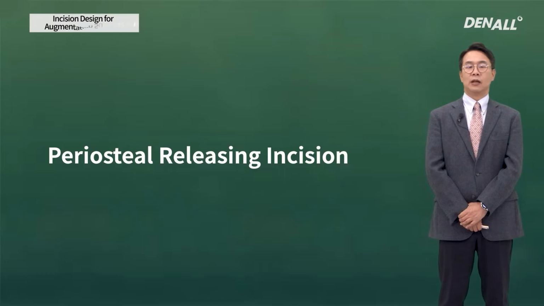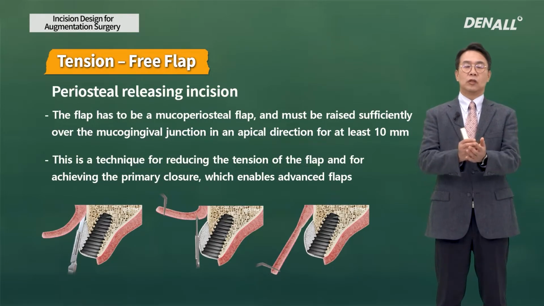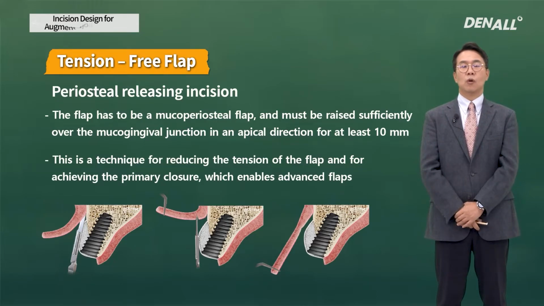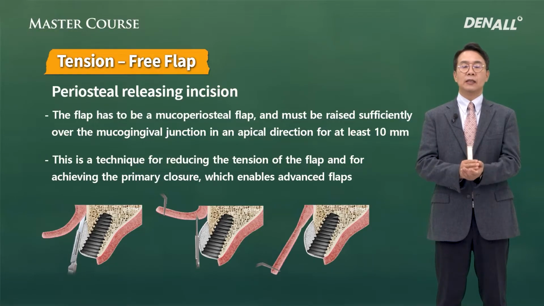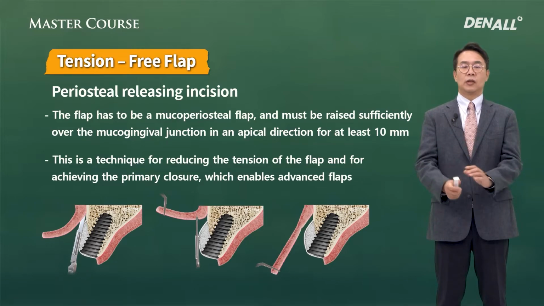Second, we'll talk about periosteal releasing incision. The advantage of that is overall the tension can be reduced for the flap. What is very important thing is that the flap should be raised sufficiently over the mucogingival junction.